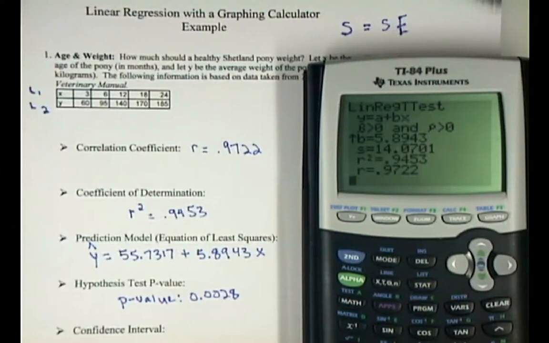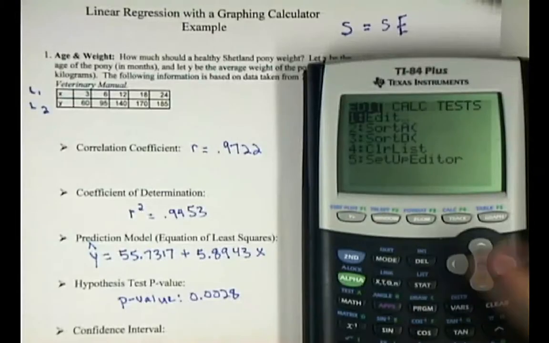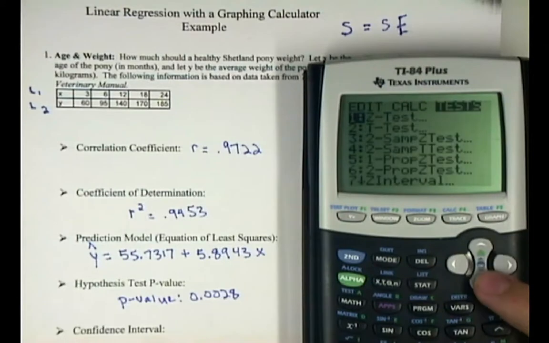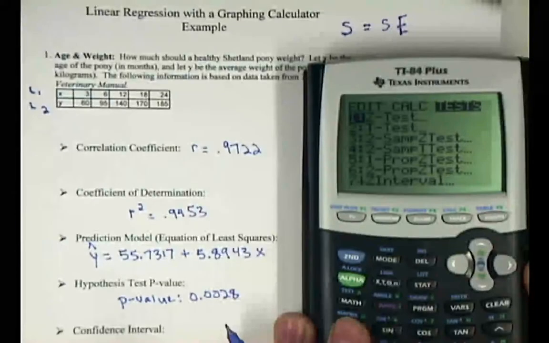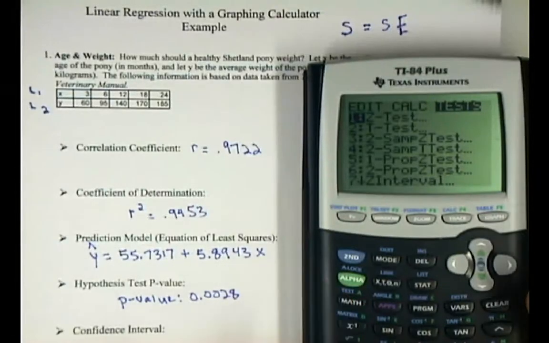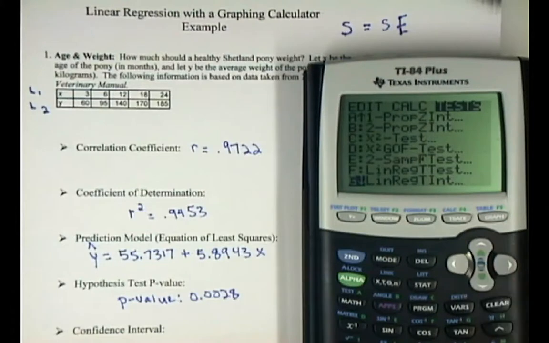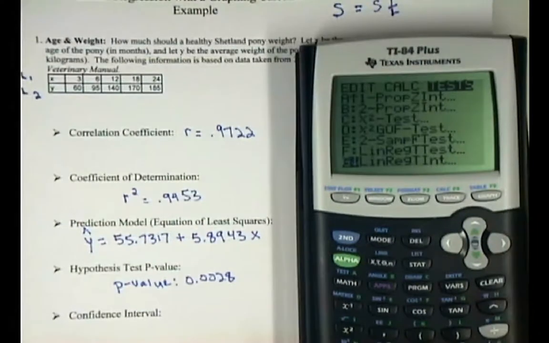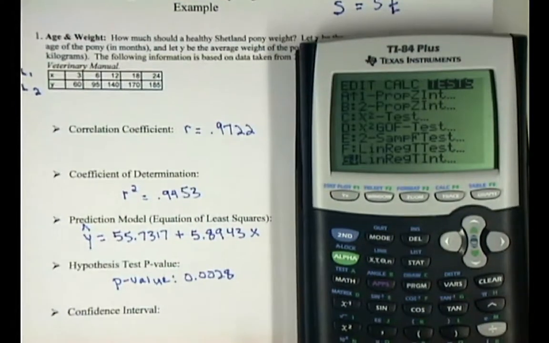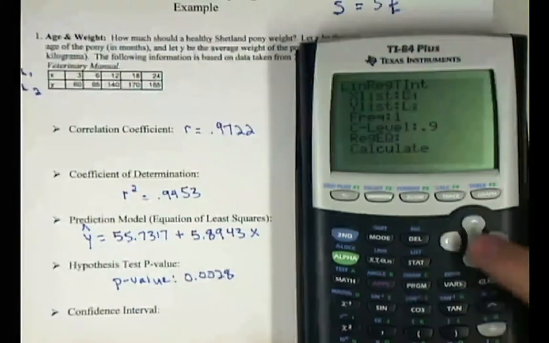Let's see if this 84 plus has a confidence interval with regression though. So I'm going to hit the stat key again. And in these 84, 83s, intervals are in the test menu. So let's go down and let's see if we have a LinRegTInt. And we do. It's letter number G. Now what this will be is a beta interval.